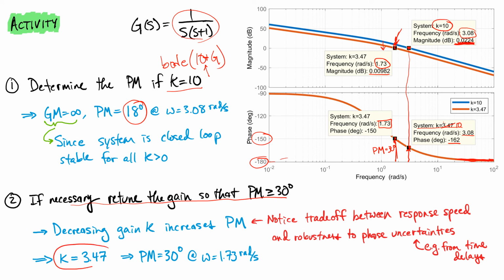This shows us that a gain of 3.47 is what achieves the magnitude curve crossing the 0 dB line at the frequency of 1.73, which is the same point that gives us a phase margin of 30. And in this case, there's only one point that will give us a phase margin of 30. We will see some examples where it's possible to get multiple places where you could shift the curve to get 30 degrees or any other phase margin.